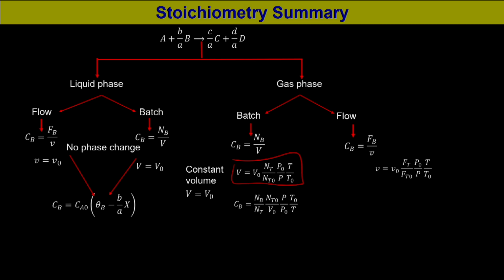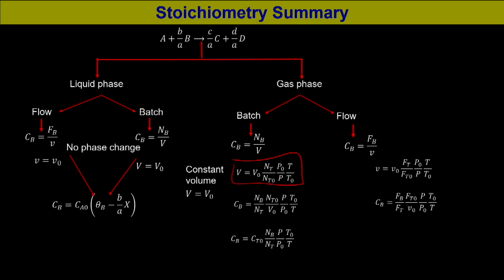Similarly, Cb is Nb by Nt into Nt naught by V naught into P by P naught into T naught by T, for a batch reactor. In case of a flow reactor, Cb is equal to Fb by Ft into Ft naught by v naught into P by P naught into T naught by T.